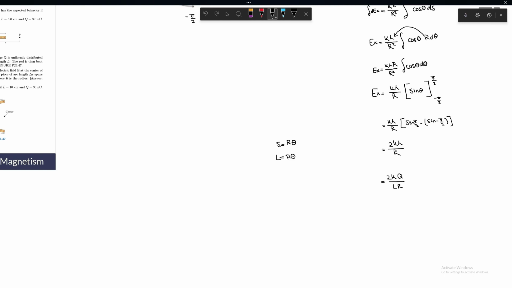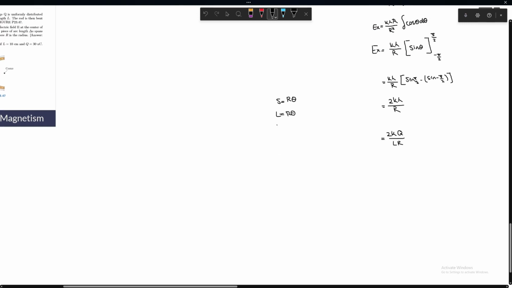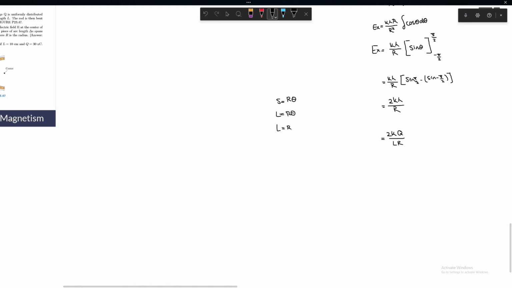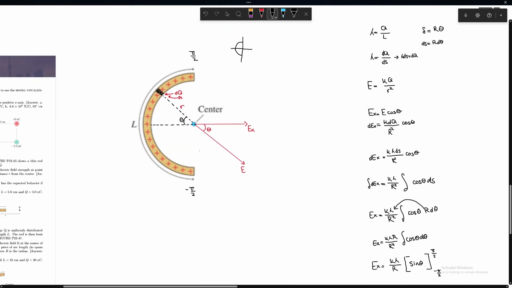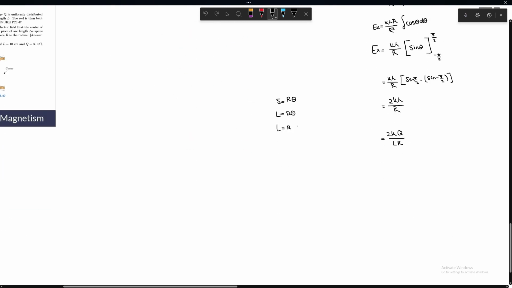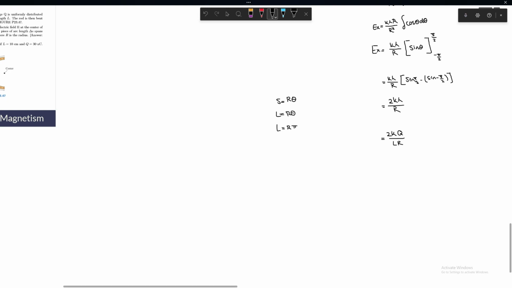I know my circumference, which is l, equals the radius times my theta, and my theta is, well, that's half a circle. Theta for half a circle is pi. And so that'll be pi. And so now what I could do is rearrange this to solve for r.